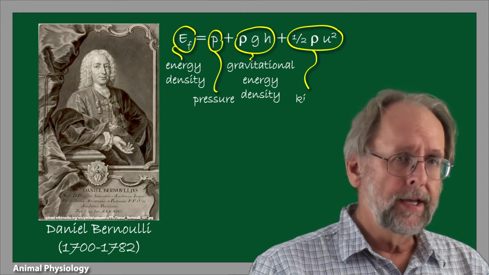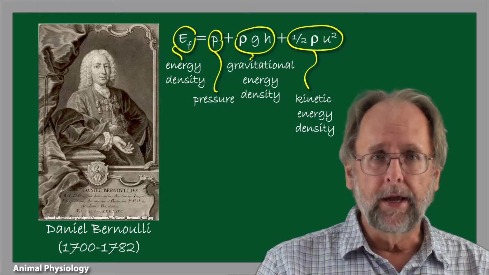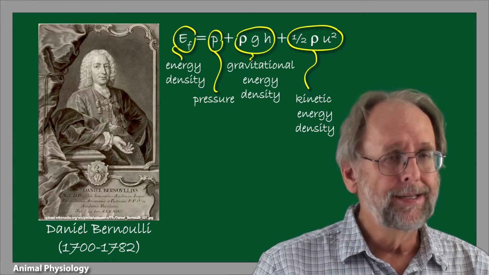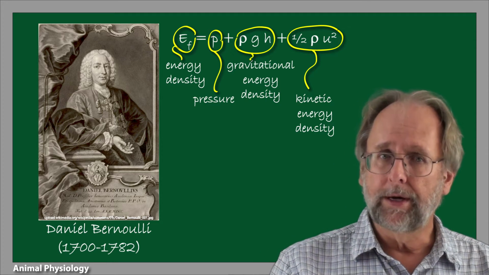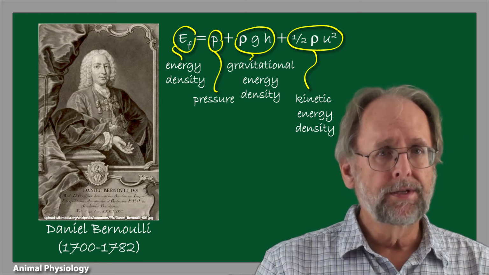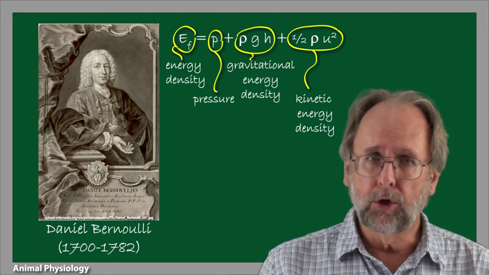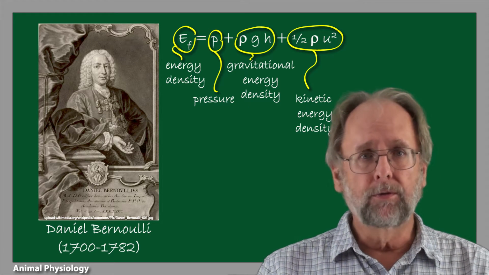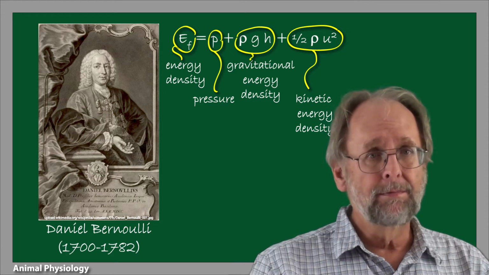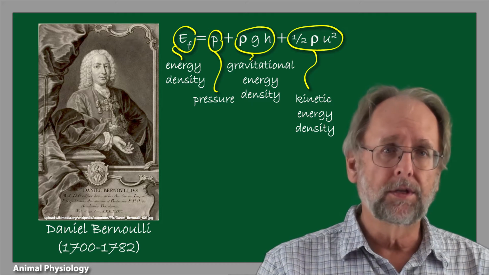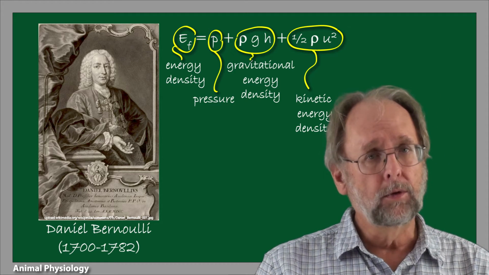And the fluid's kinetic energy, which is the product of 1/2 times the fluid density times the velocity u squared. Because this is an energy density, all terms have units of joules per meter cubed, and as I've mentioned before, joules per meter cubed is dimensionally equivalent to the units of newtons per meter squared, or pressure.